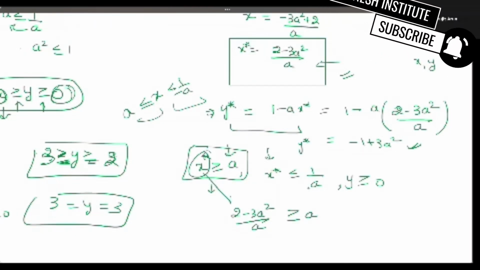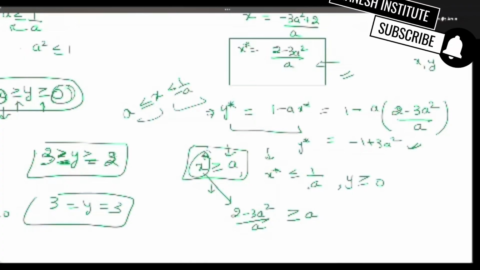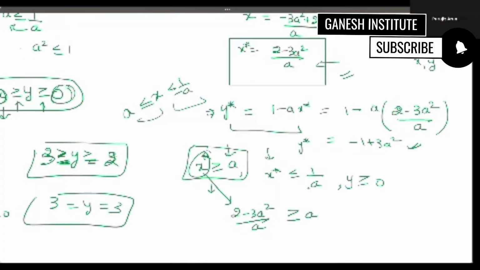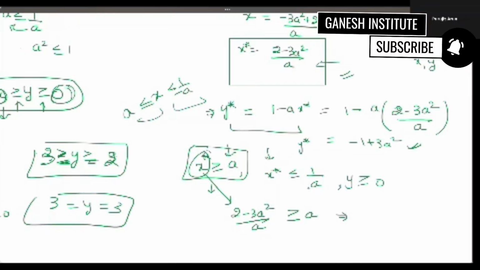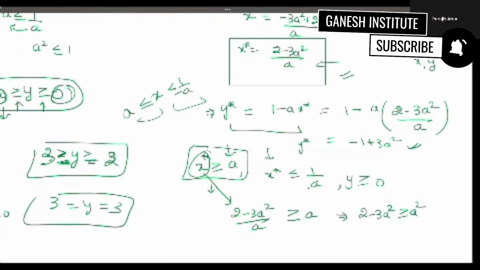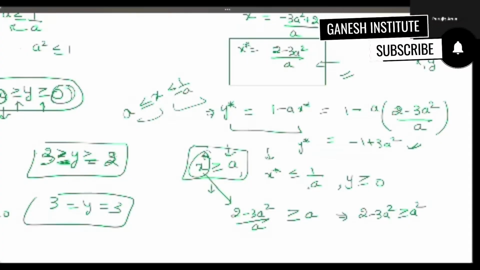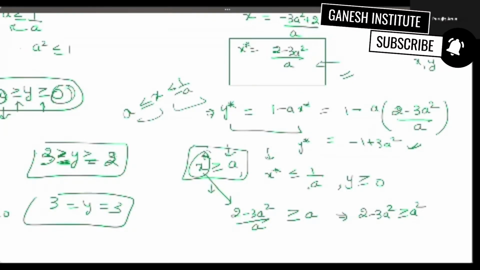I have simply placed the value of x in constraints. Okay. So that means what is the value for a now? 2 minus 3a square. Tell me what is the a. A square, ma'am. So it's gonna be 4a square.